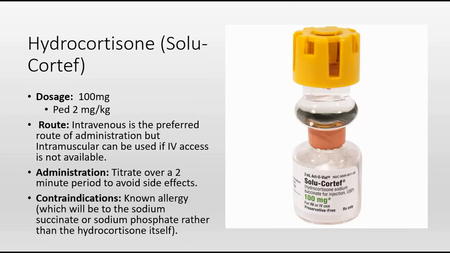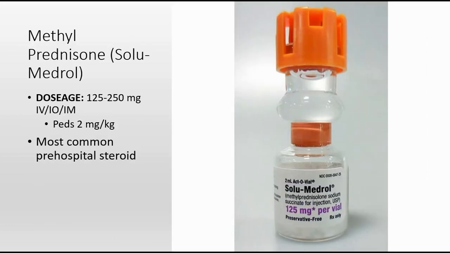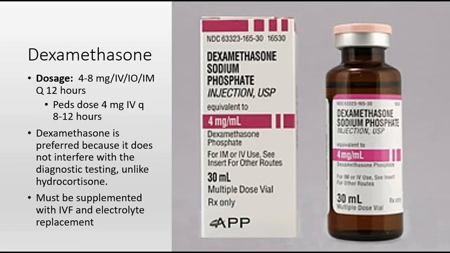glucocorticosteroids. So if you're carrying hydrocortisone, your normal dose is usually 100 milligrams. So that's what you're going to give. If you normally carry Solu-Medrol or methylprednisolone, which is what most services I'm familiar with carry, not all of them, but most of them, then your normal dose is 125 to 250 milligrams. That's probably what you're going to give for a stress dose for Addison's.